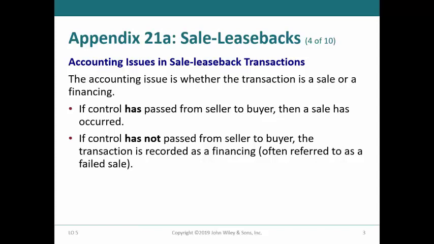We will see that transfer of control occurs when the leaseback is an operating rather than a financing lease. If the lease meets one of the criteria for a finance lease, then control is not considered to have passed and the transaction is recorded as a financing transaction rather than a sale. This is often referred to as a failed sale.